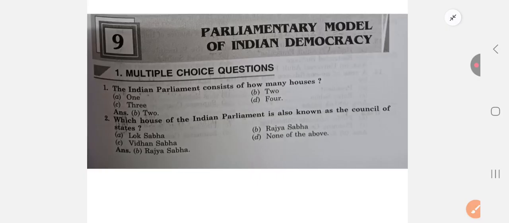Now, what is the meaning of parliamentary form of government? Parliamentary system of government is known by different names like cabinet form of government, council of minister form of government, prime ministerial form of government.